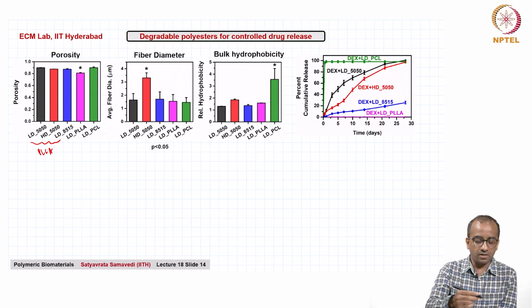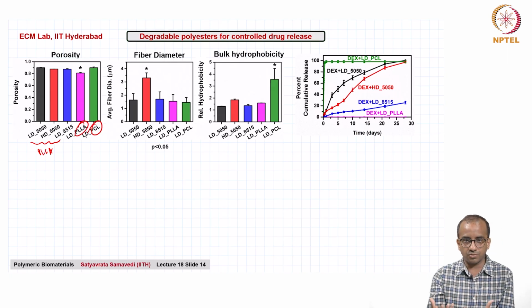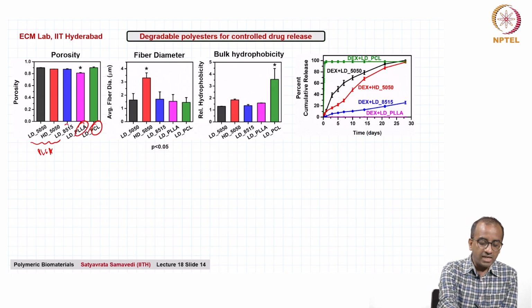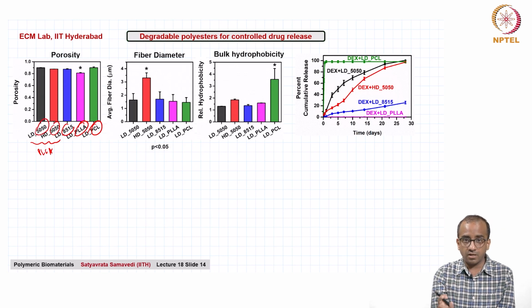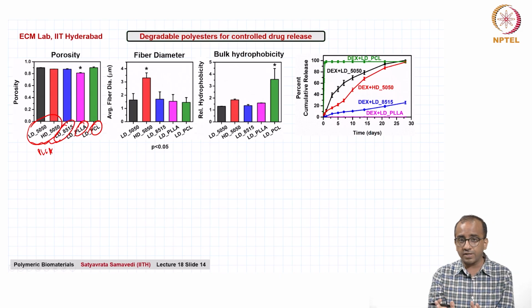What we did here is this PLLA and this PCL, which you are familiar with. 85-15 and 50-50 refer to the PLGA ratios, the lactide to glycolide ratios in PLGA. So, these two are PLGA 50-50, this is PLGA 85-15. Now, 85-15 is going to degrade slower, right away you can sort of sense that, and 50-50 is going to degrade faster.